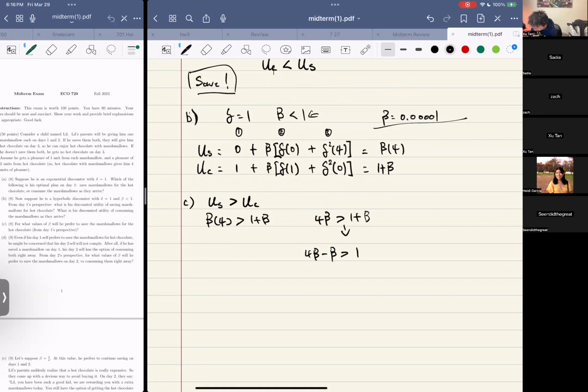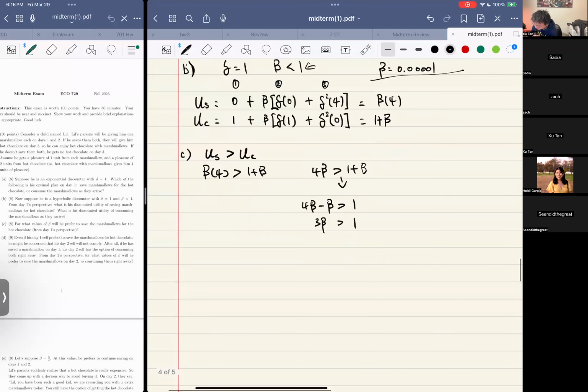Wait, am I making a mistake? 3B greater than 1. B is greater than 1/3.